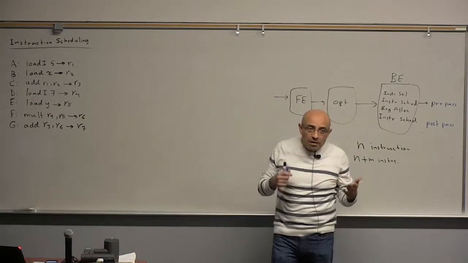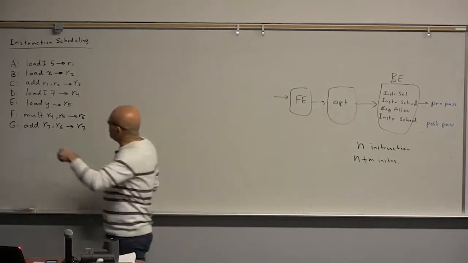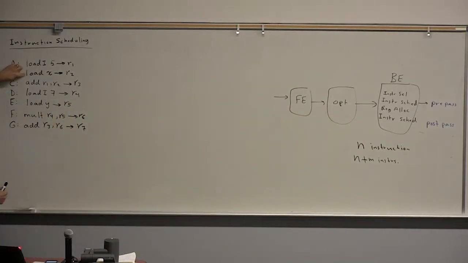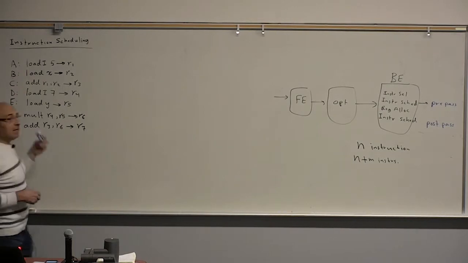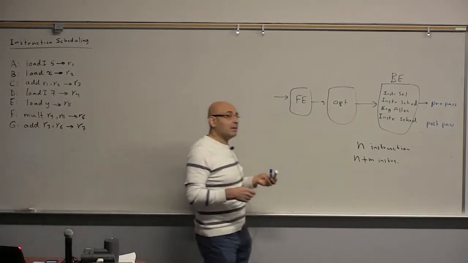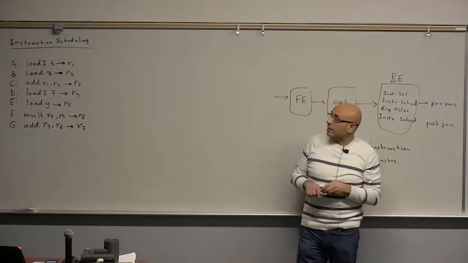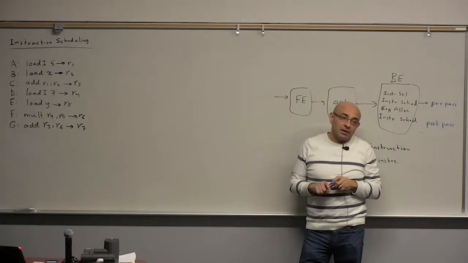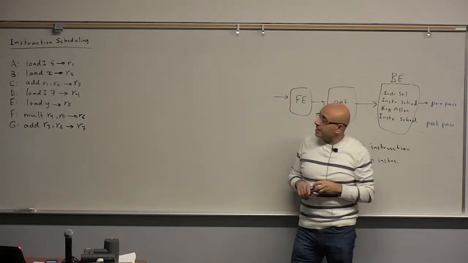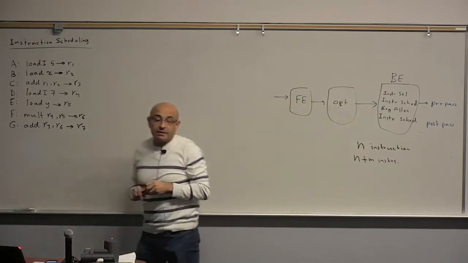But we do have a problem when an instruction has a long latency, like an actual load that goes to memory. Loads typically have a latency of a few cycles, like 3 or 4 cycles, depending on the architecture. And of course, this is the latency assuming that the load will hit in the cache.